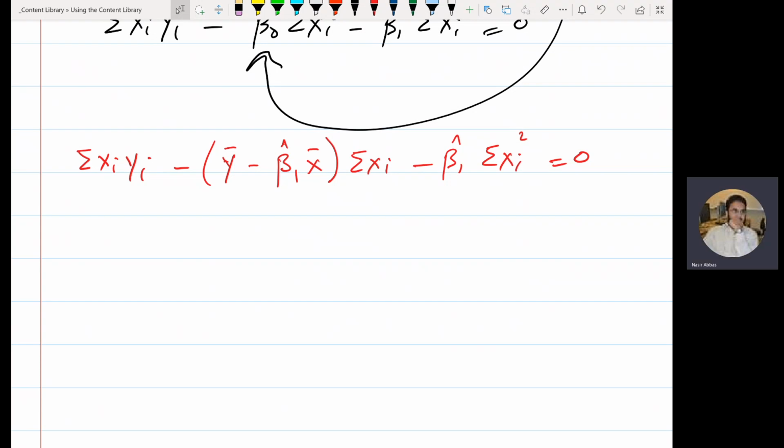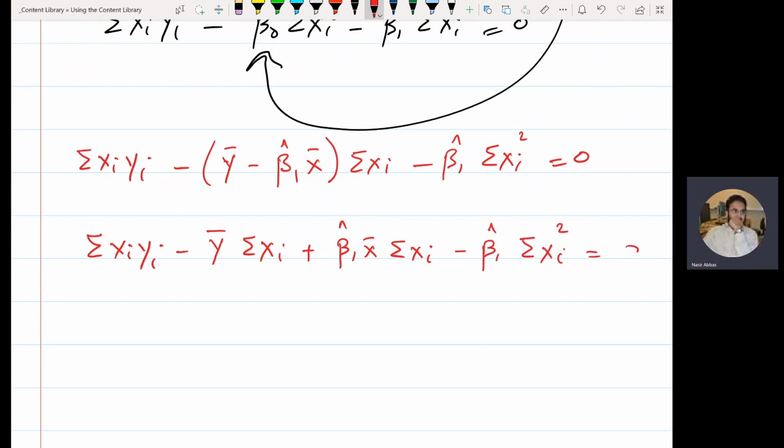Then I multiply it all over. It will be summation xi yi minus y bar times summation xi minus beta 1 hat times x bar times summation xi, minus, is there a minus or a plus? This is plus, true? Beta 1 hat times summation xi square, and this is equal to 0. Clear?